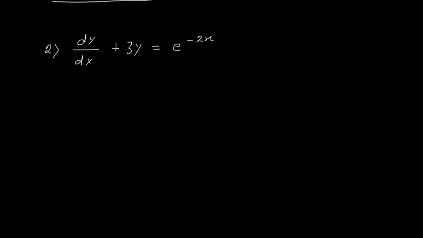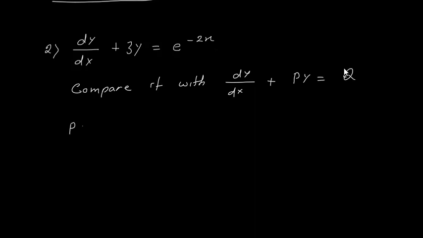Here what we will do, we will compare it with dy upon dx plus py is equal to q. We get p equal to 3, we get q equal to e power minus 2x.